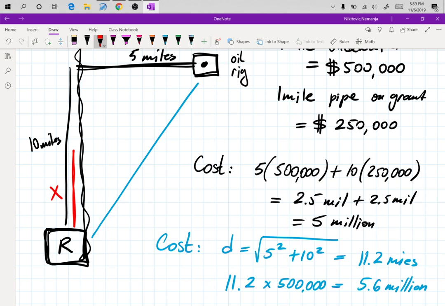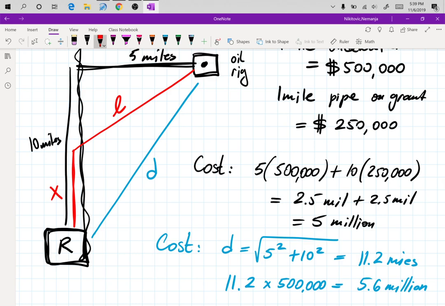And how much do I have to go that way in order to come up with the minimum cost? And this one over here we can call, since we call this one D, let's call this one L, length.